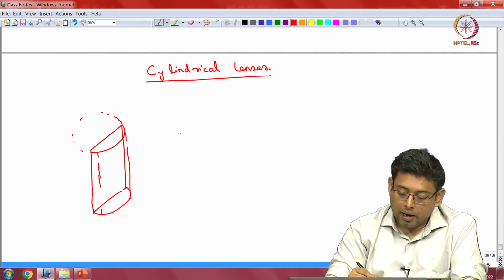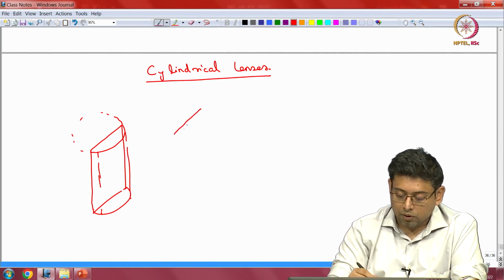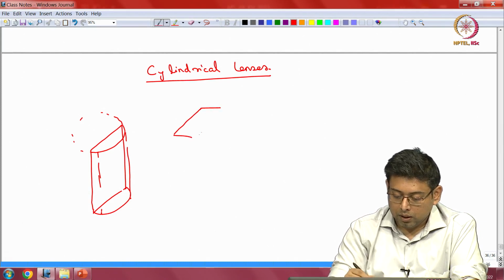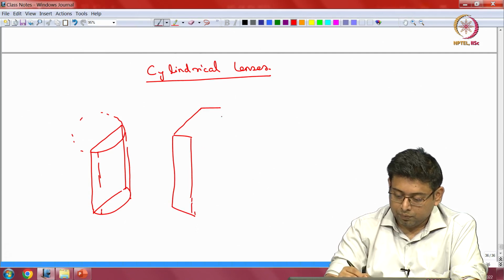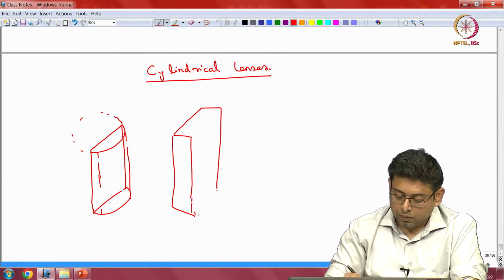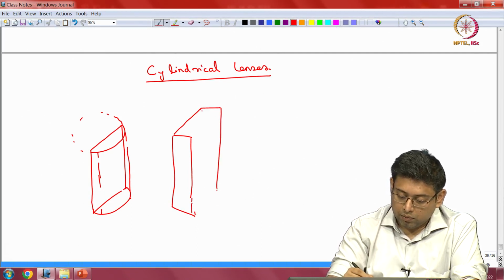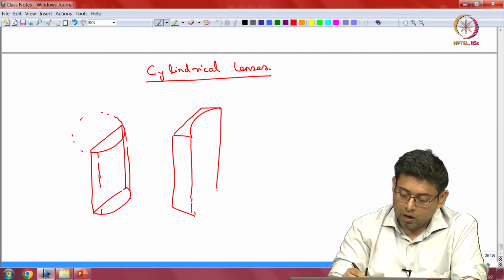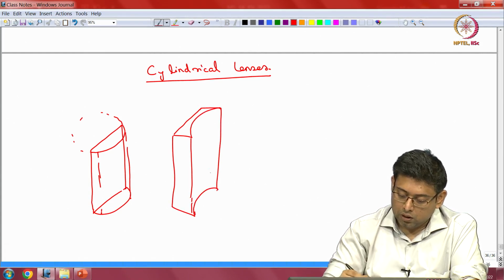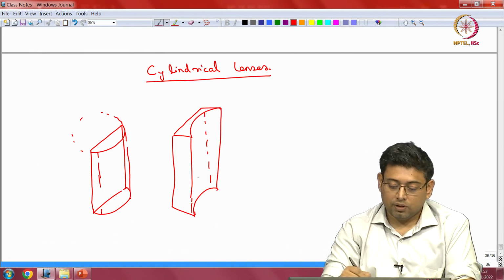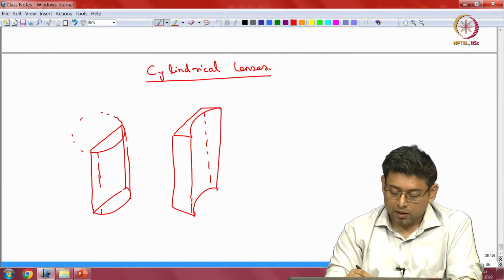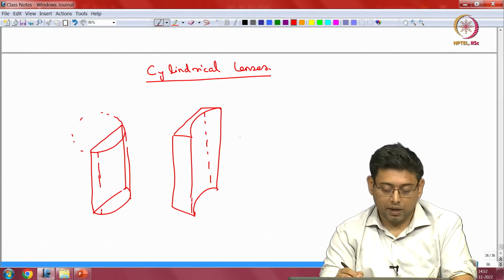Another type of cylindrical lens could be something like this scenario, where it's basically the negative of a cylinder, right?